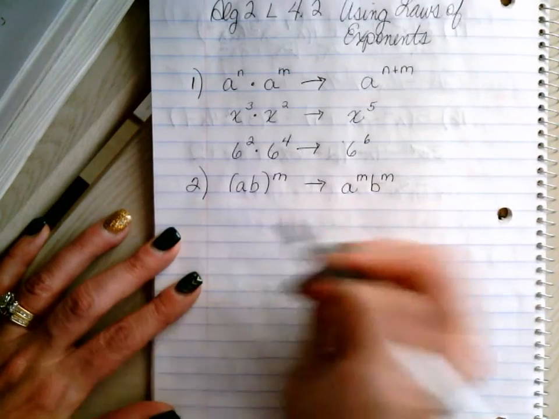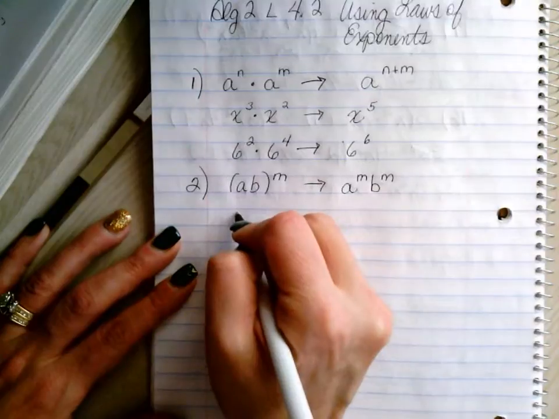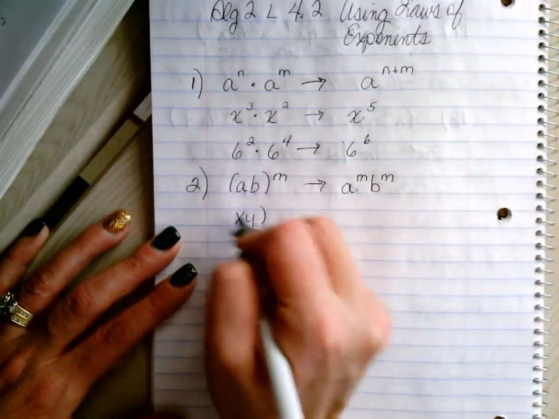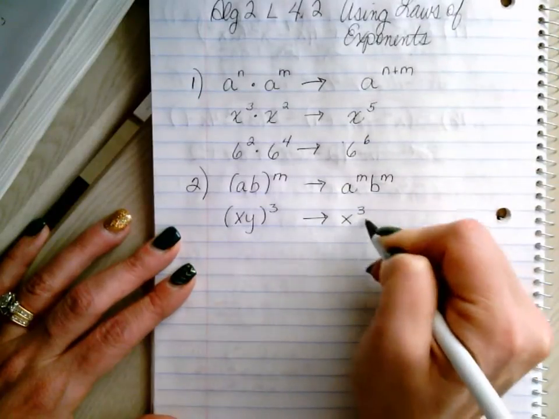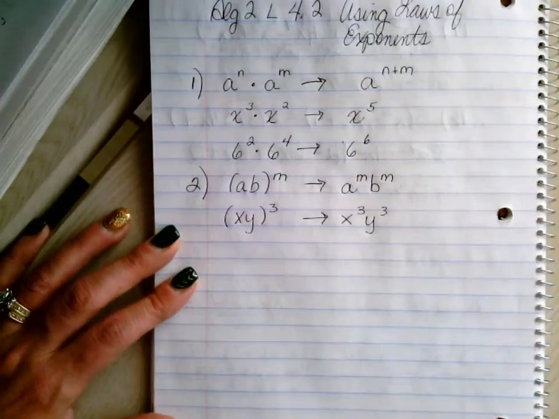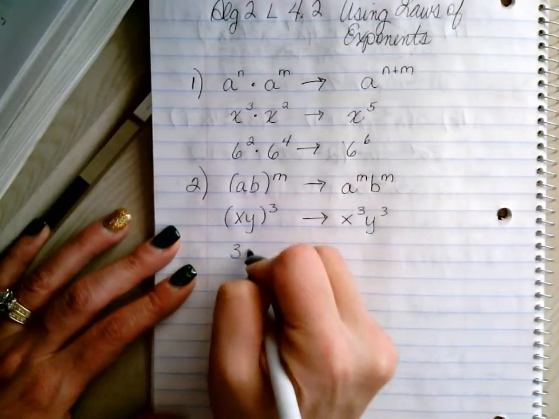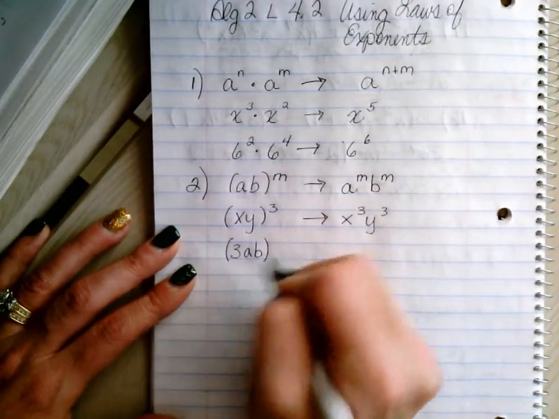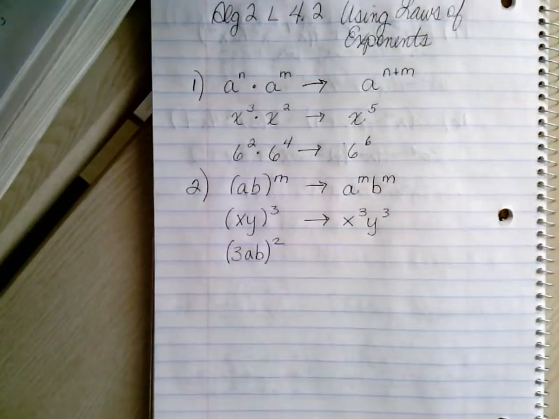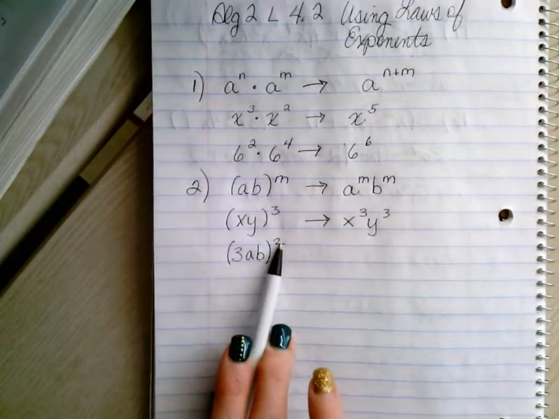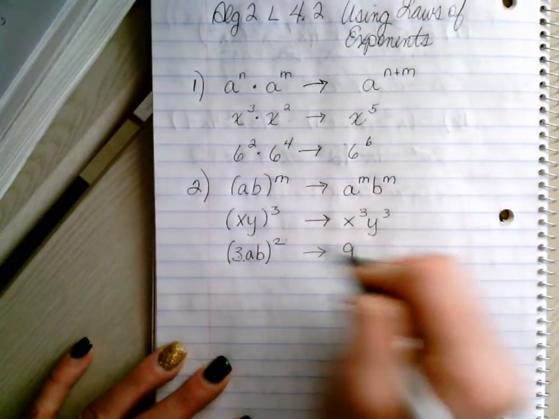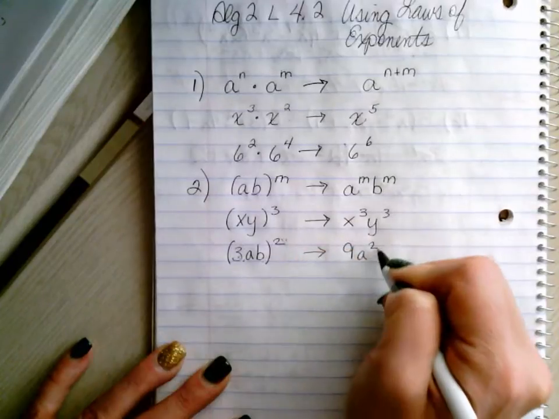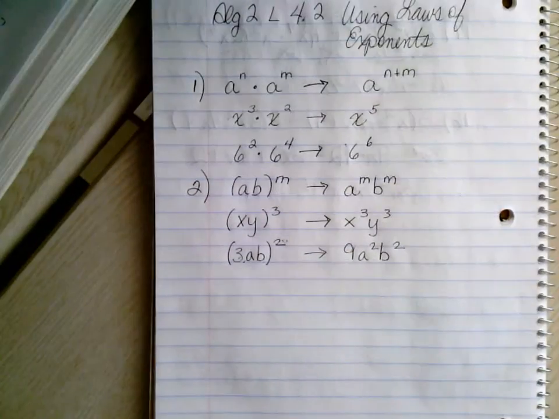In simpler terms, like say x y cubed, it becomes x cubed, y cubed. Or how about 3ab squared? Then each thing is affected by that. 3 squared, a squared, b squared. Okay, that's law number 2.